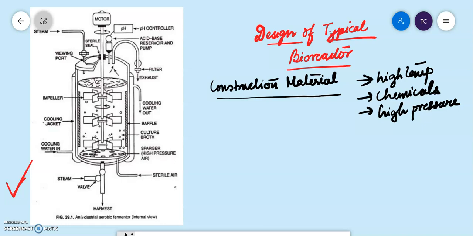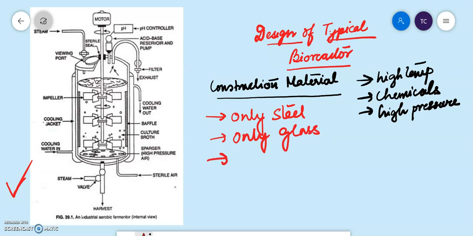That is the basic criterion while selecting the construction material. Depending on the construction type or the bioreactor vessel, it is made of only steel, which is stainless steel, or only glass, or a steel and glass combination.